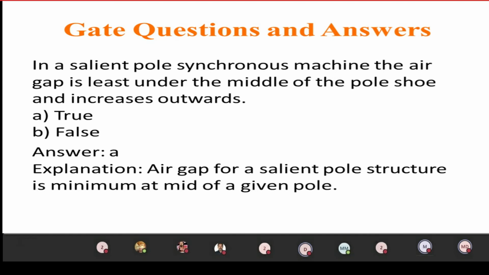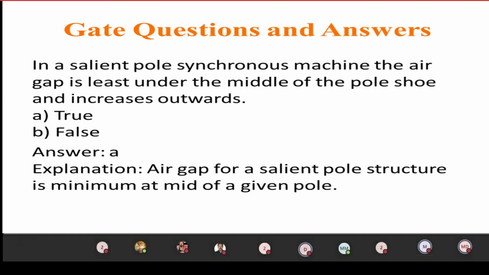Due to the air gap shape, we get a nearly sinusoidal output, but in the non-salient type rotor, this is achieved using the thickness of conductors.